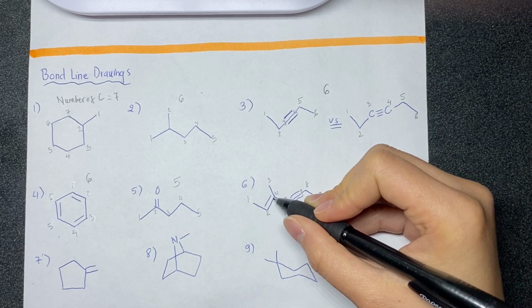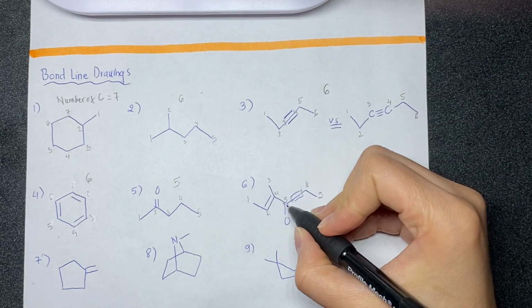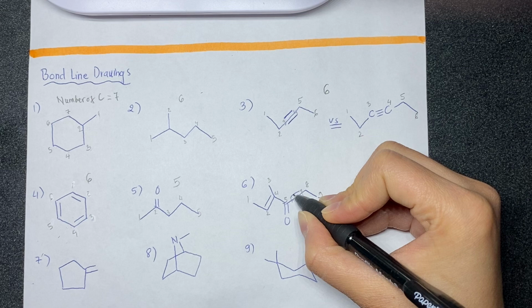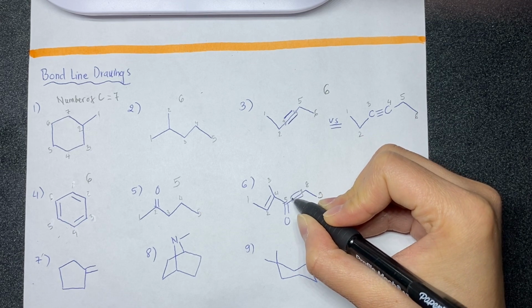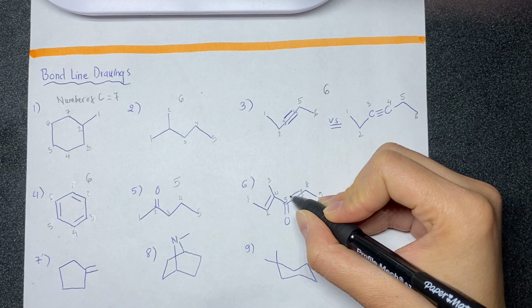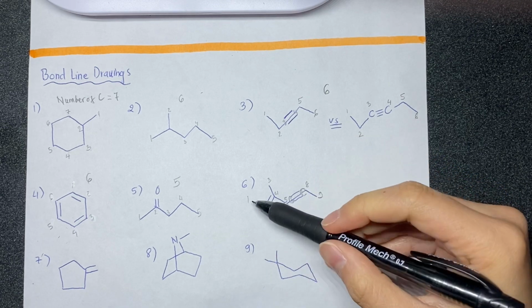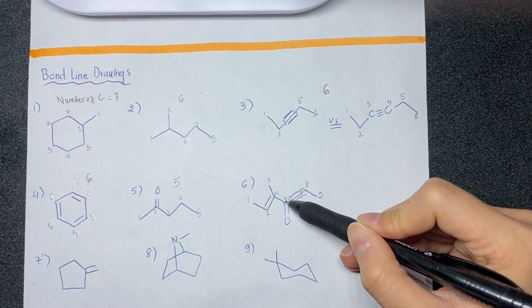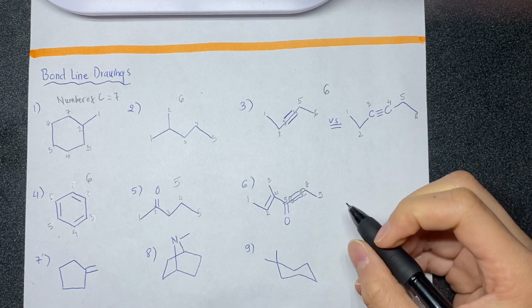Remember, if you have a double bond, you can keep counting as usual. But if you were to have a triple bond, like right here, we have 1 here, 1 down here, 1 up here, and then the 1 in the middle, then you would have to take into account the 2 carbons here. So in that case, it's going to be 1, 2, 3, 4, 5, 6, 7, 8, and 9.